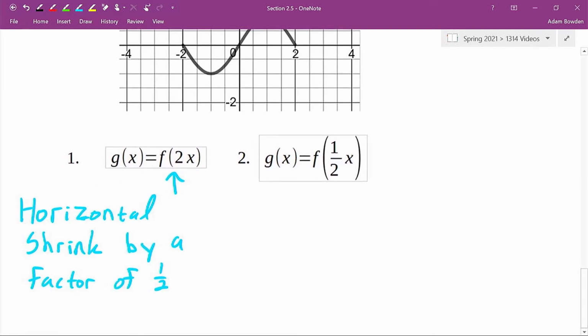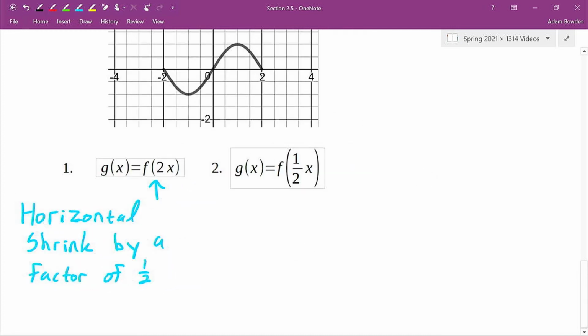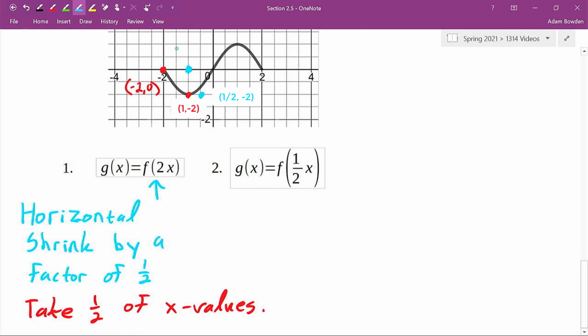In order to accomplish a horizontal shrink by a factor of 1/2, we're going to take all the x values and take 1/2 of them, leaving the y values the same. So looking on the graph, the point here at -2, 0 is going to shrink in to -1, 0. 1, 2 is going to shrink in here to the point 1/2, 2.